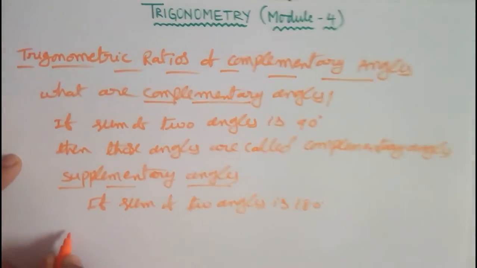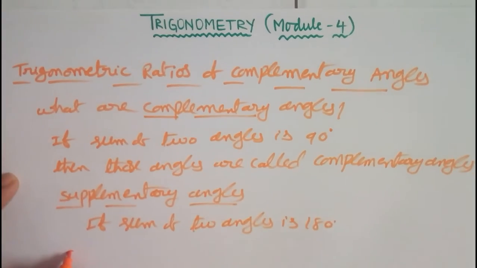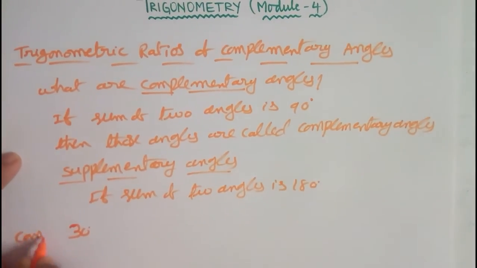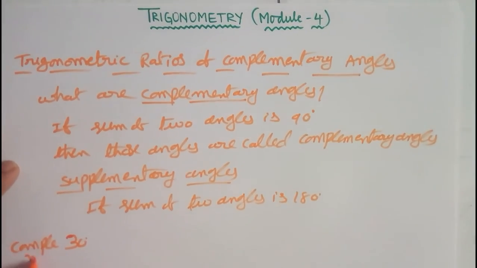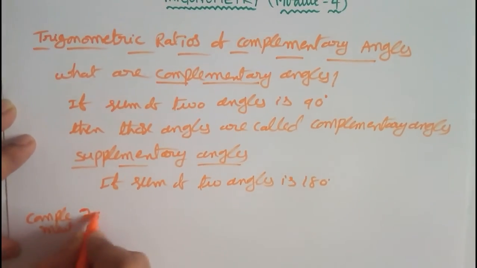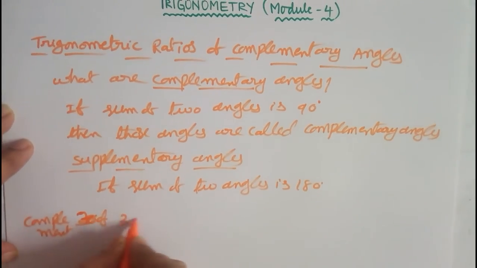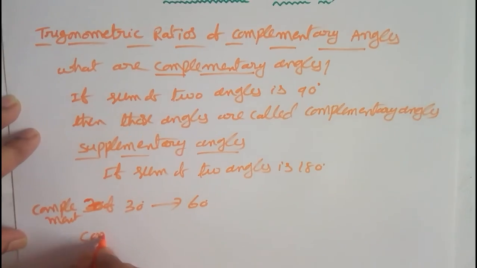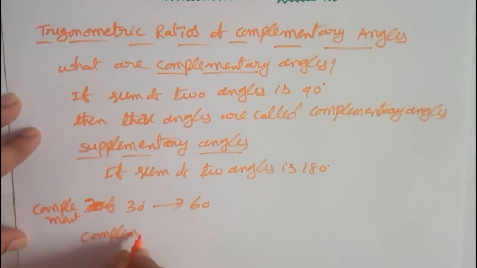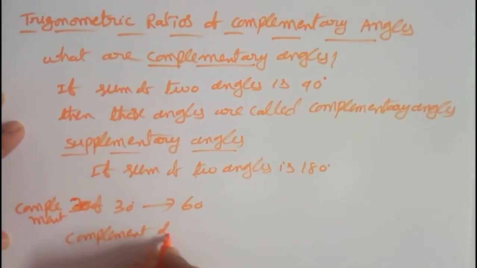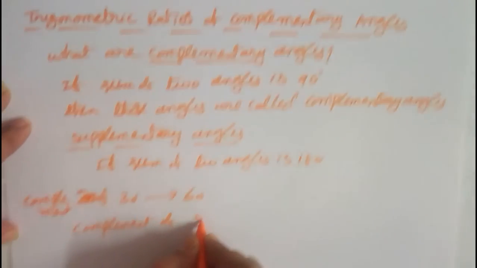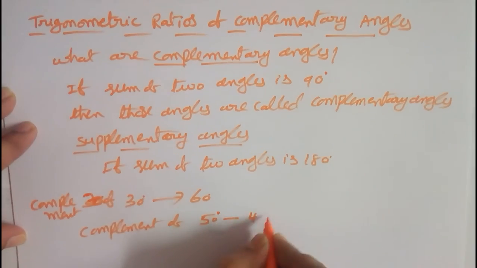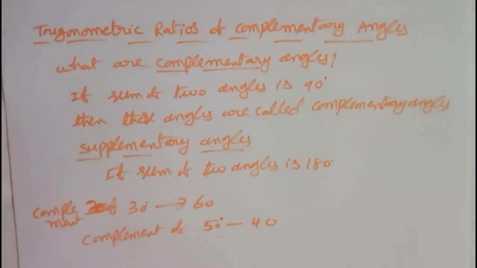So what is the complement of 30 degrees? The complement of 30 degrees is 60 degrees. The complement of 50 degrees is 40 degrees, because 50 plus 40 is 90.